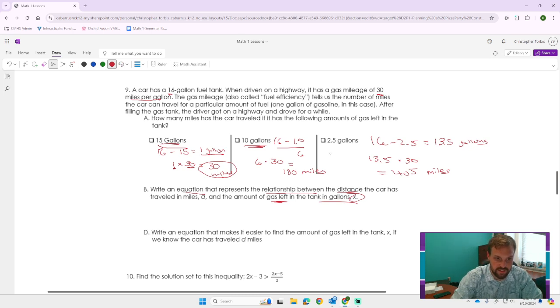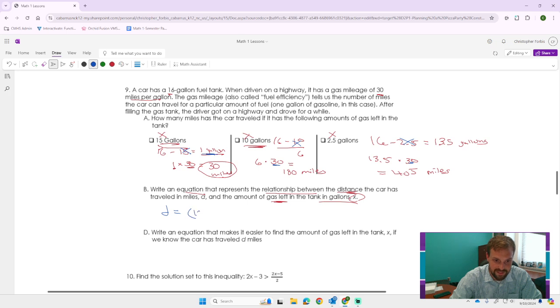So like, for instance, this was an x equals 10 here, x equals 2.5 here. Take all the things that we did and replace those with x's. So 16 minus x, and then we multiplied that number by 30. So how do we get the distance traveled?